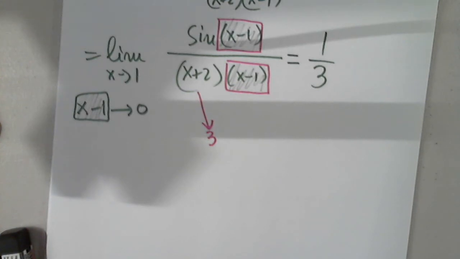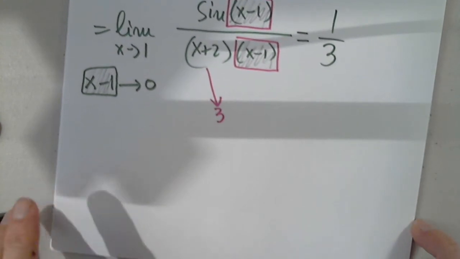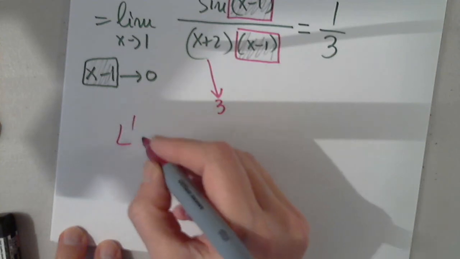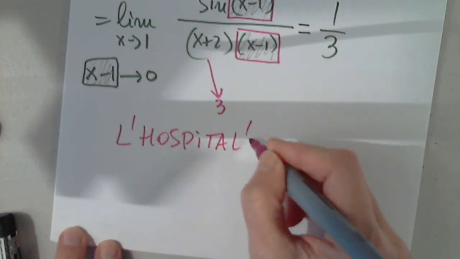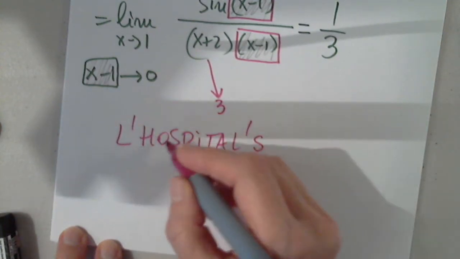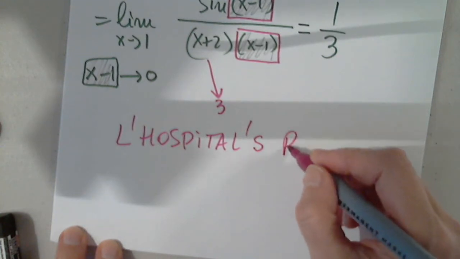Great job. So now, again, because I don't want to wait till chapter 4, this is so important and so useful that I don't want to wait till chapter 4. This is called L'Hôpital's. It's written with a tréma here, it's in French. So L'Hôpital's rule.